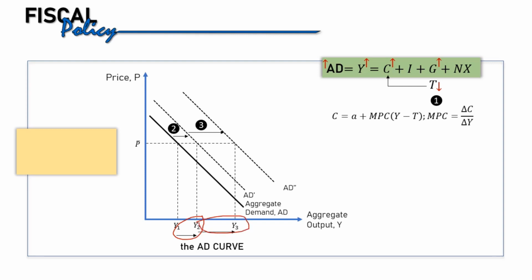Let's write the AD equation more completely. Suppose the C function is linear. C equals A plus marginal propensity to consume, or MPC, times Y minus T, or disposable income.